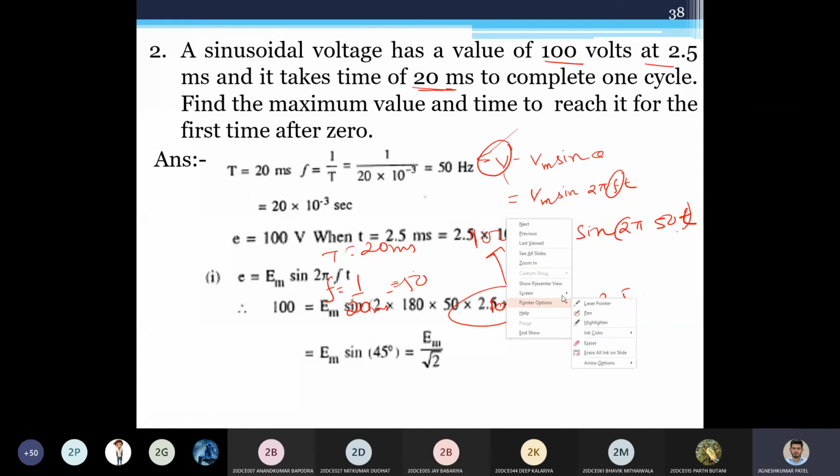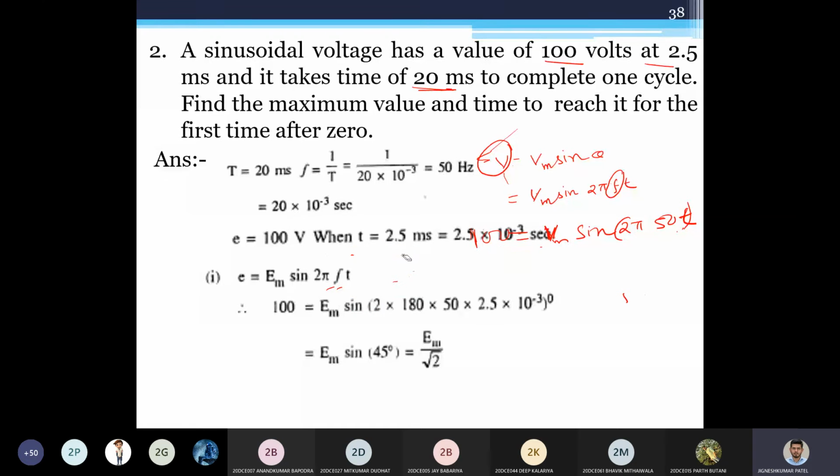And here they have taken a different path. Let me explain it to you. So Em sine 2 into 180, because 2 pi is actually 2 into 180, into 50 into 2.5 into 10 raised to minus 3.